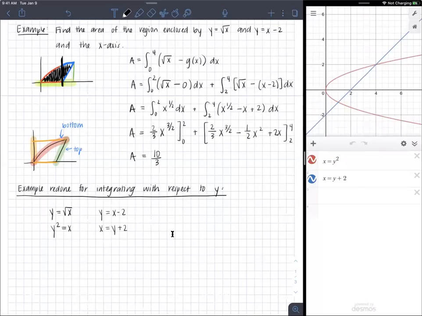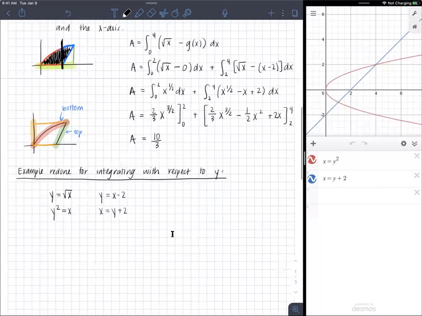Here, when you look at the region of integration, we don't even have to look at the x-axis, but I guess we can. There's two ways we can think about it. If we want to do it with the x-axis the same way we did in the previous example, what are our limits of integration going to be?